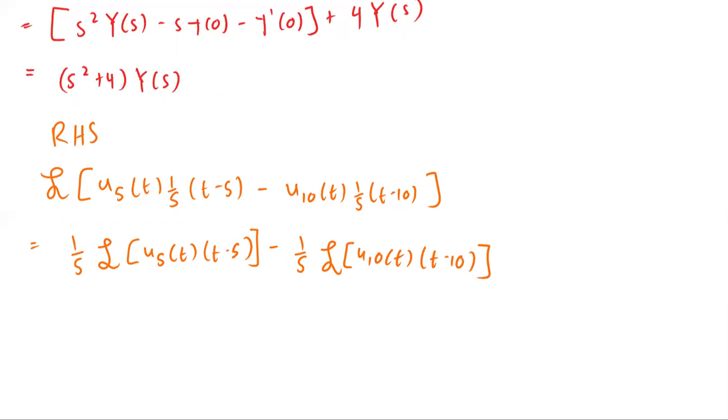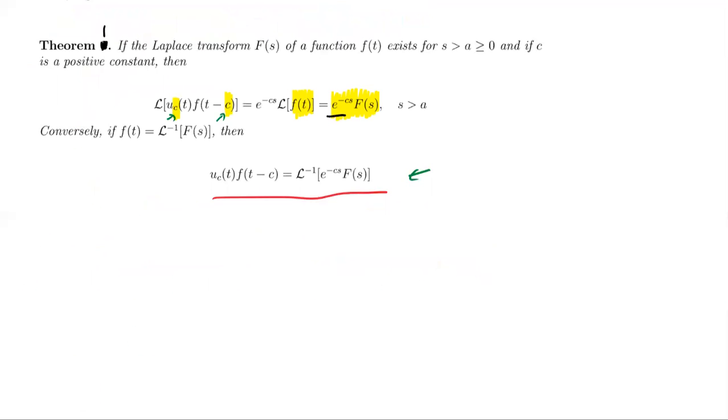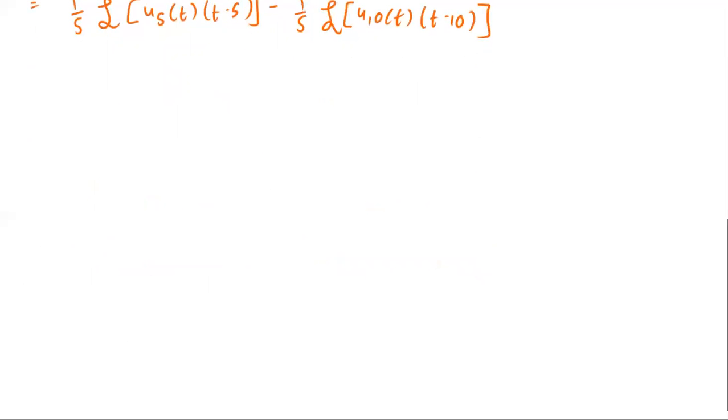Now these we can go immediately and see our formula. Because what's our formula? The Laplace transform of the product of a step function with a function shifted the same number of units to the right is just, well, you get an e to the negative cs on the top as the first term. And then you have the Laplace transform of the original function f without being shifted. Okay. So let's apply that to this example.